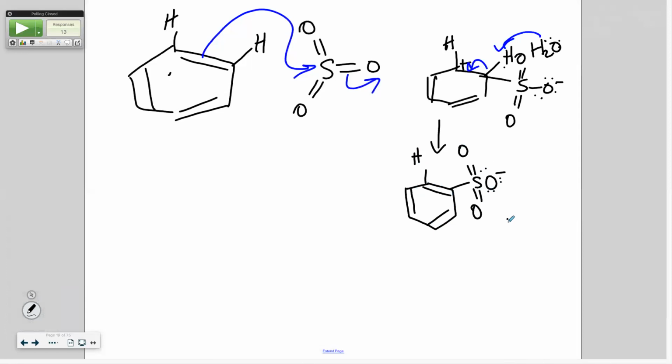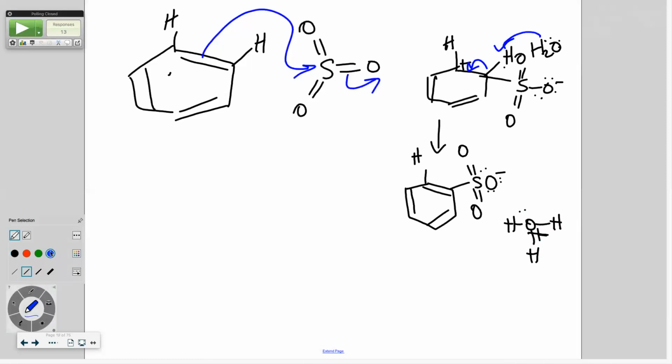It became, what is that called? Hydronium ion. Okay, just checking on you. Okay, let me make that plus a plus. Okay, so now what happens to that molecule? Because we're not done yet. We have to protonate that O minus.